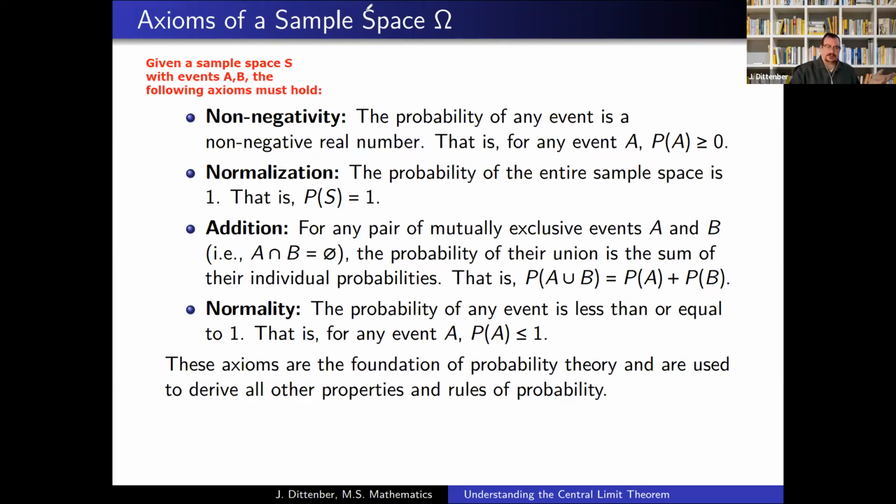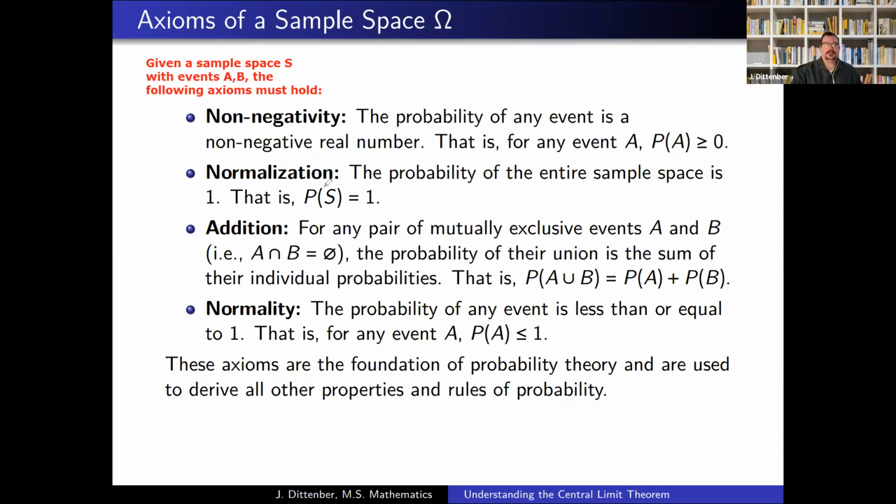In other words, we are trapping the probability of some event A, so it's got a lower bound of 0 and an upper bound of 1. So the probability of any event is between 0 and 1, and this is why you get percentages. You hear, what's the probability of rain? It's about 36%. But in general, it could be written as a fraction or a decimal because it's between 0 and 1.